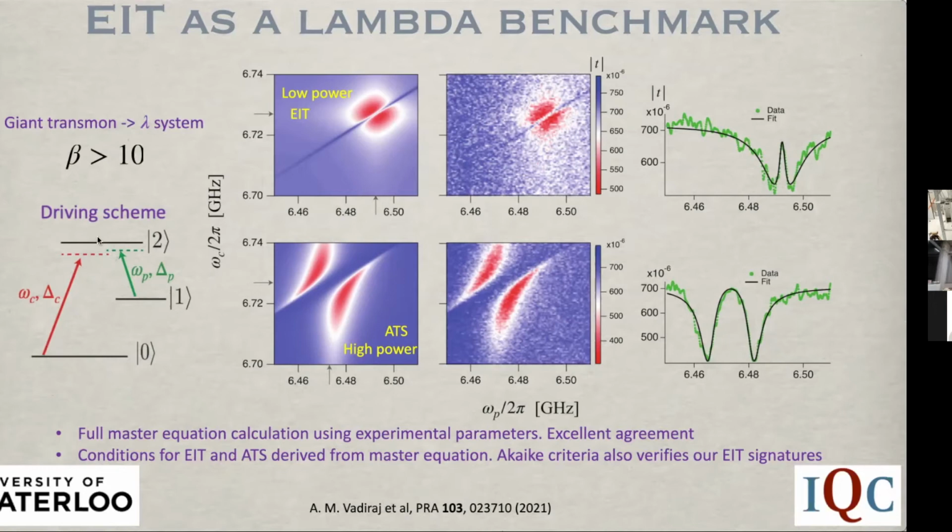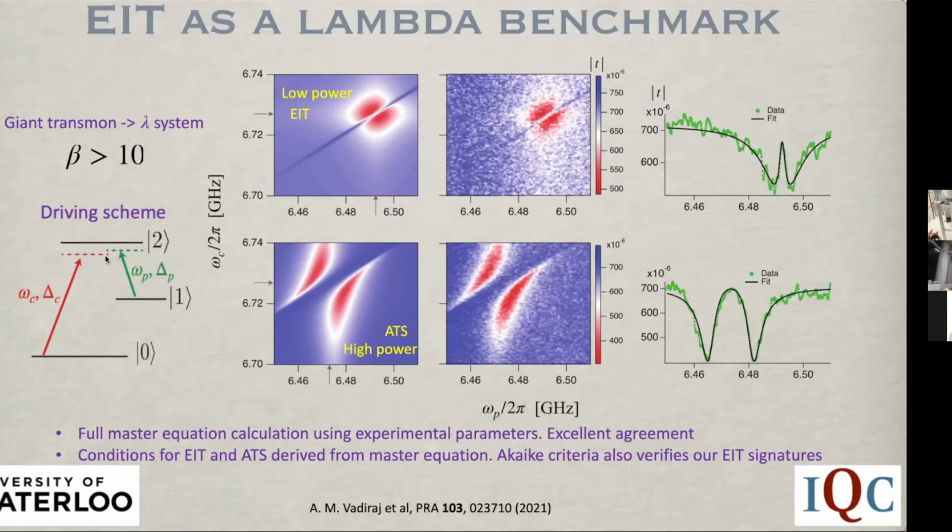I'm driving from 0 to 2, but I can have a little bit of detuning, and I'm driving from 1 to 2, but I can have a little bit of detuning. I think it's when the detunings match that I have a resonant virtual transition, which ends up creating the interference.